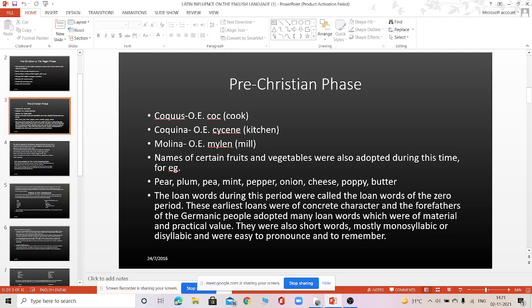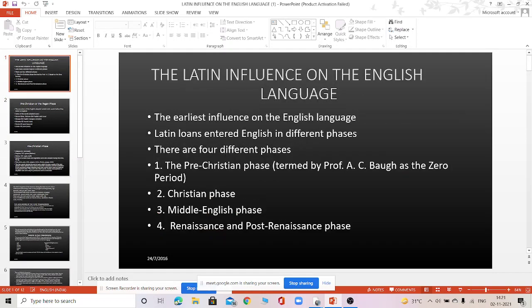Let us start our class. In my last class on Latin influence on the English language, we had just looked into these slides. It is the earliest influence on the English language. Latin loanwords entered the English language in different phases. Four different phases are there: the pre-Christian, which is called by Professor A.C. Baugh the zero period.